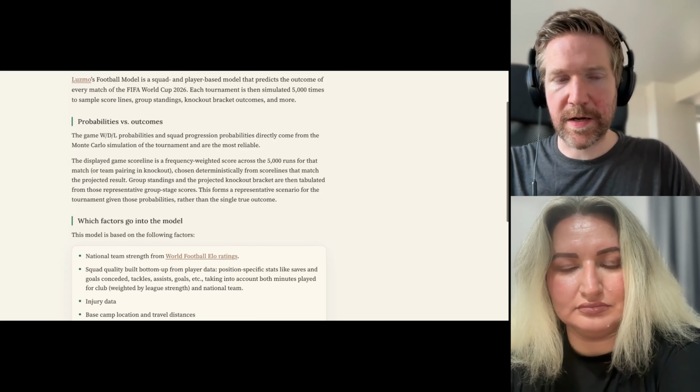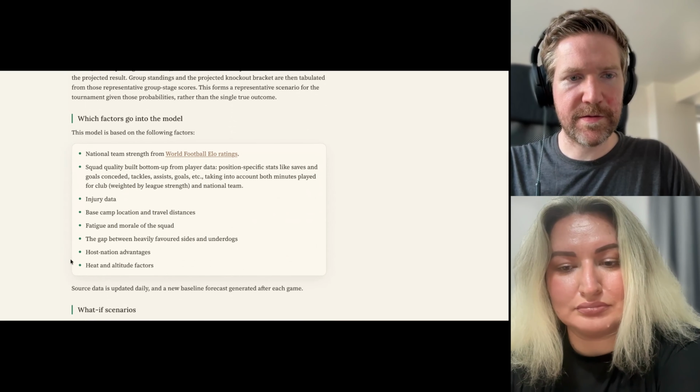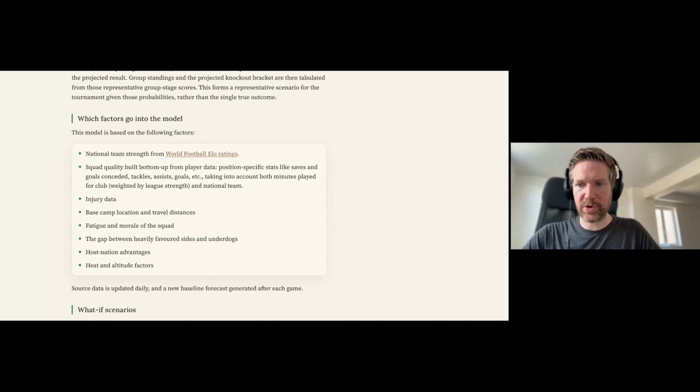Yeah. So indeed, there are many factors that go into the model. And many of these also change during the tournament as we get more and more information on the actual team strength and their current morale and things like that. So what currently goes into the model is a national team strength parameter that is using an ELO rating.